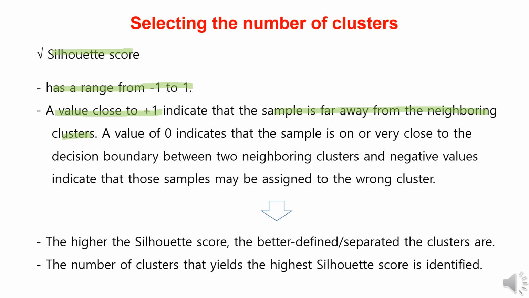On the other hand, a score close to 0 indicates that a data point is near the boundary between clusters, and a negative score suggests that clustering did not perform well. In conclusion, a higher silhouette score, closer to 1, signifies better clustering. Thus, by setting the number of clusters, k, to the value that produces the highest silhouette score, you can determine the optimal number of clusters for your k-means clustering analysis.